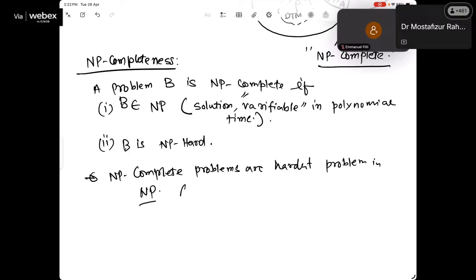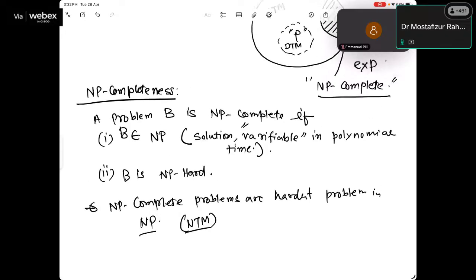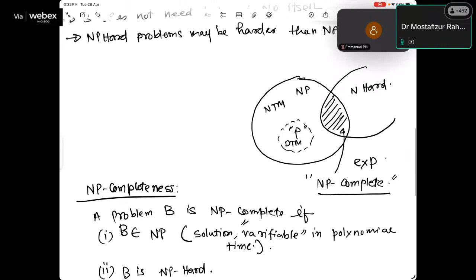Means basically the set of problems solvable by a non-deterministic Turing machine in polynomial time. So I'm not saying that NP completeness is the hardest globally, right? It is hardest within NP.